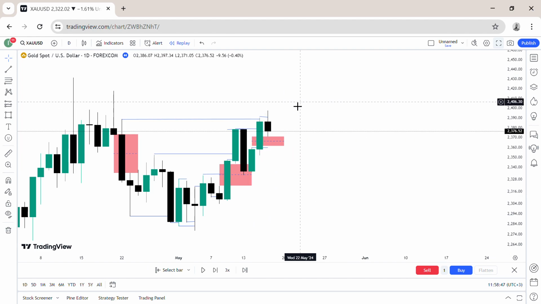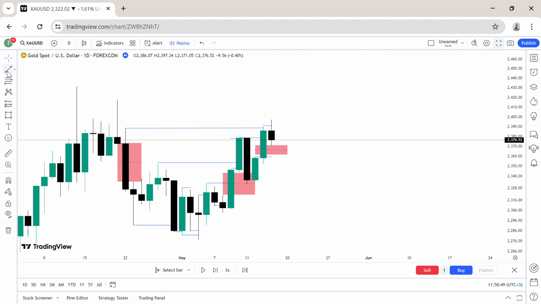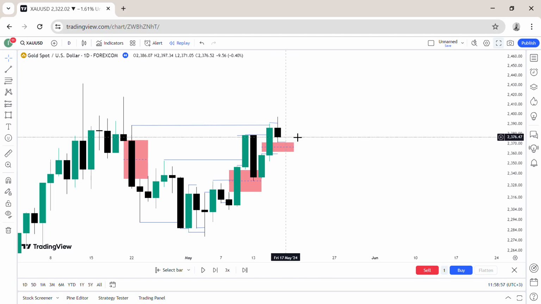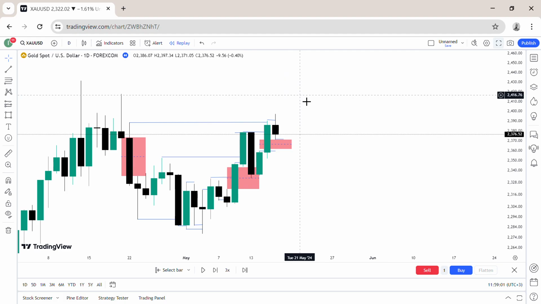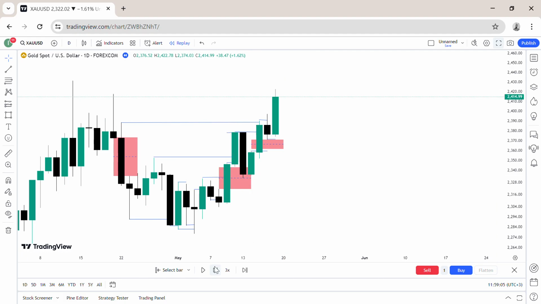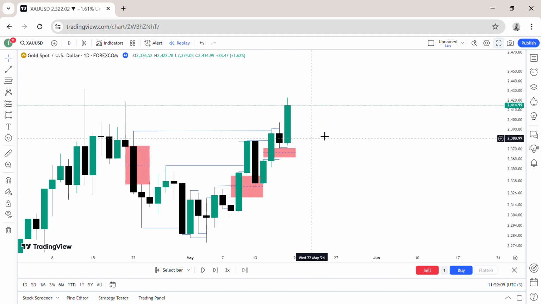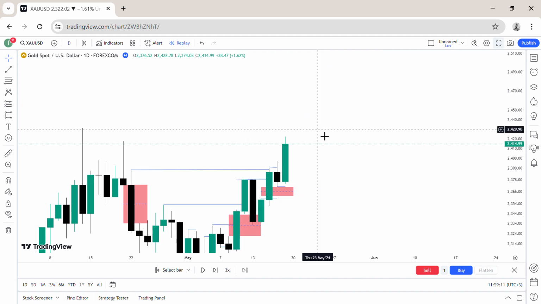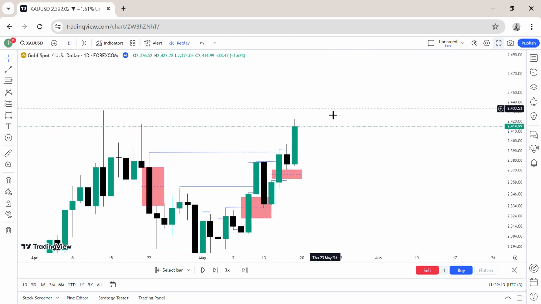So my next day would be bearish to balance this price, trading to this previous day low, to this gap, then maybe continue upwards. So let's have a look at it. Okay, it didn't really get to the fair value gap, but it traded up, so it was again bullish.